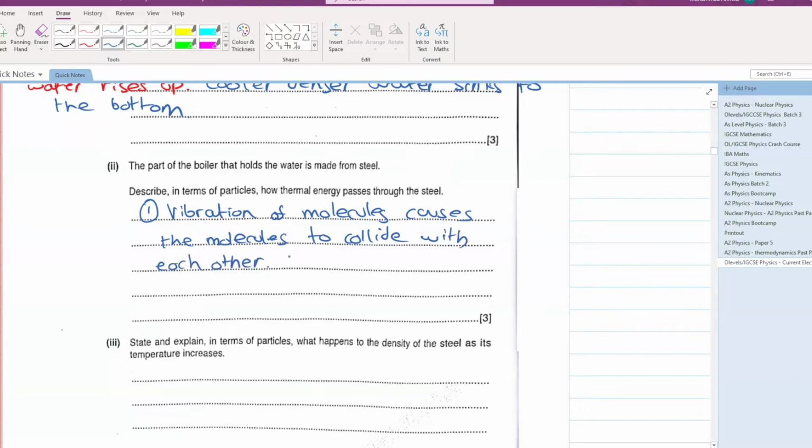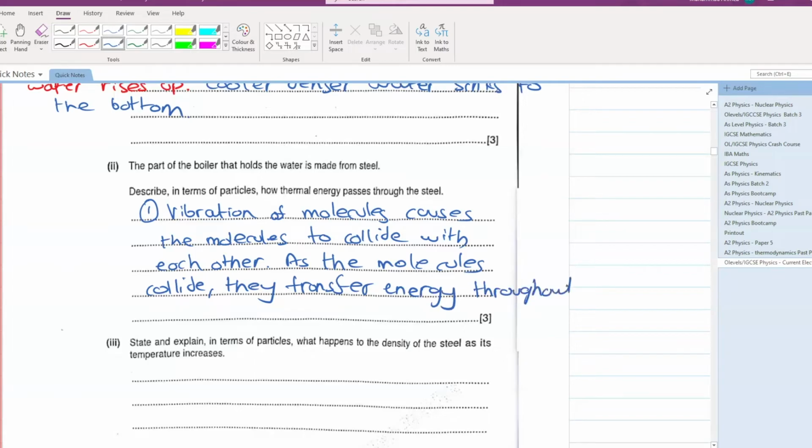As the molecules collide, they transfer energy throughout the steel. Simple. You will get a 3 on 3 in this. Okay, let's further move ahead.